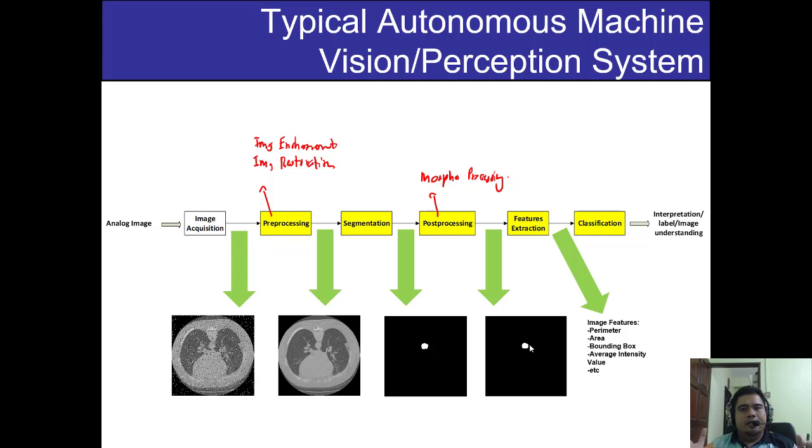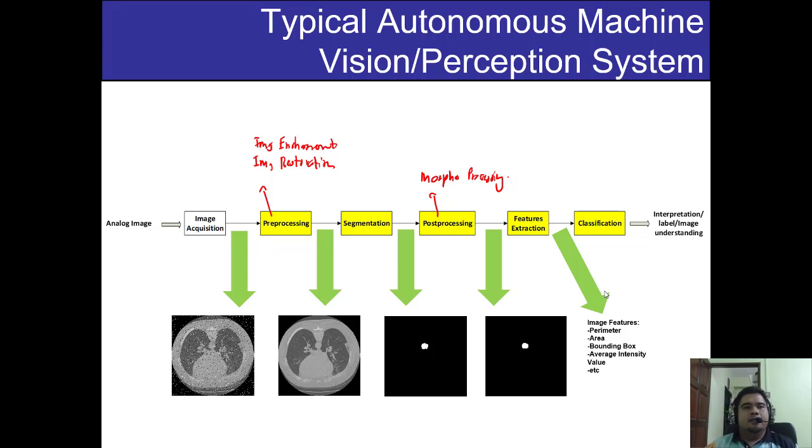That is called geometrical-based features. We also have color features such as this one, which is the average intensity value. This is not covered in your class. I just give you some idea of what the whole process involves.